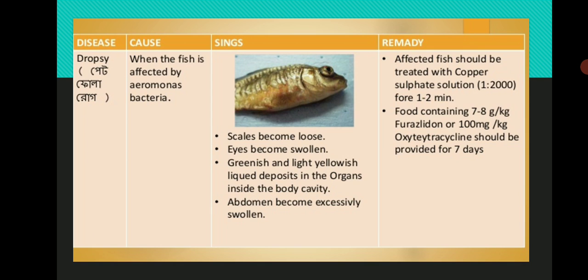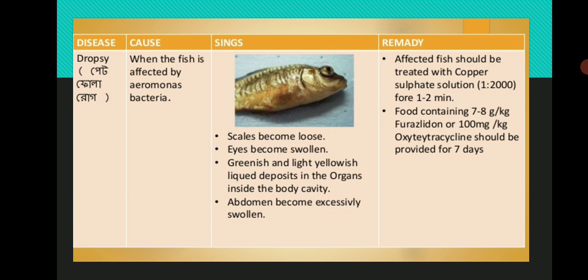Dropsy. The fish is affected by Aeromonas bacteria. Here a fish affected by dropsy is shown. Scales become loose, eyes become swollen and greenish, and a light yellowish liquid deposits in the organs inside the body cavity. The abdomen becomes excessively swollen.